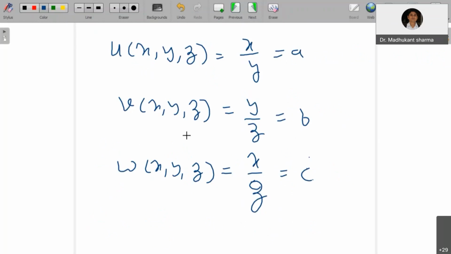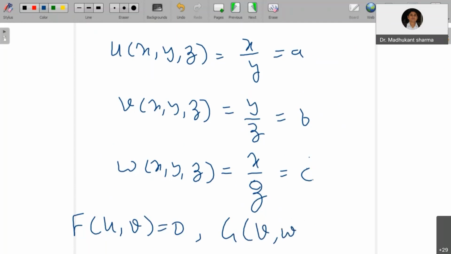So now you can choose any two families. So you have general solutions like f of u, v equal to 0. Another solution is g of v, w equal to 0. Another third solution is h of u, w equal to 0. So any two will play the role.